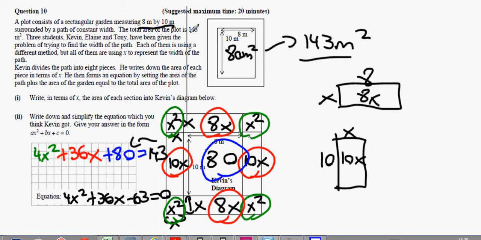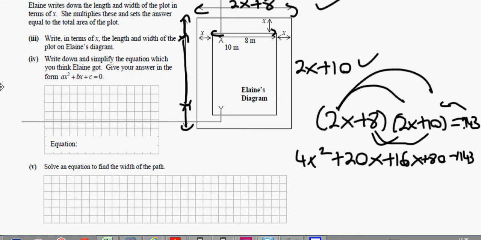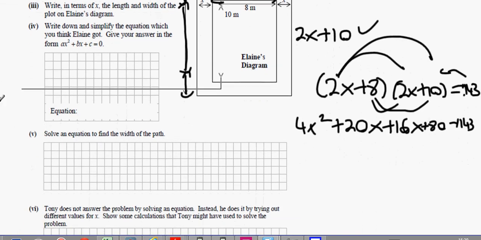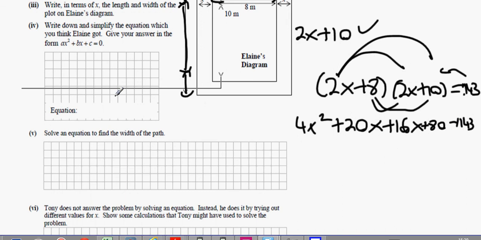So what we're going to get is, take away the 143, and what we get is 4x squared. The 20x plus the 16x gives you 36x, and the 80 minus 143 gives you minus 63 equals 0.